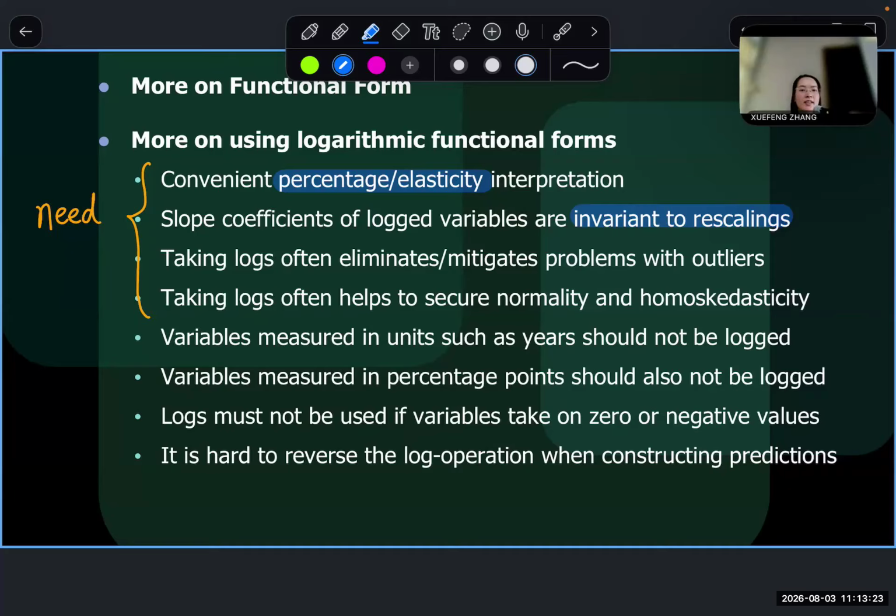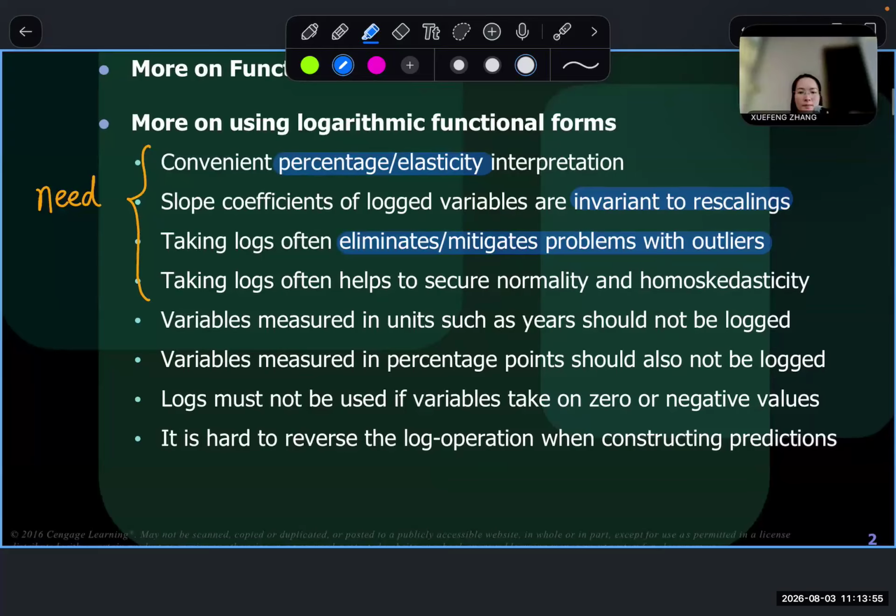Next one, reduces the influence of outliers. What are outliers? Some points that are far from our regression line. Logs can compress large values, so extreme observations don't dominate the regression as much.